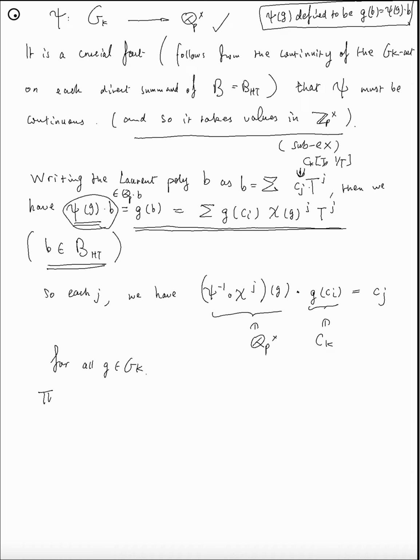That is, each Cj is Jk invariant through the character C minus 1 composed chi of J.